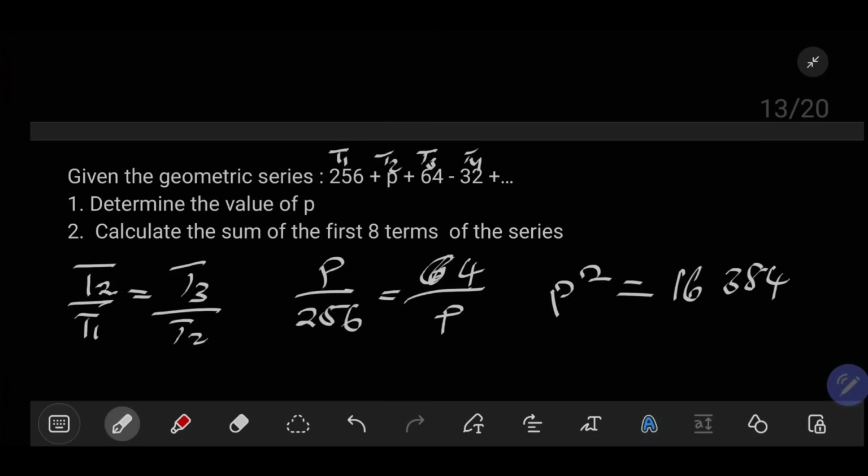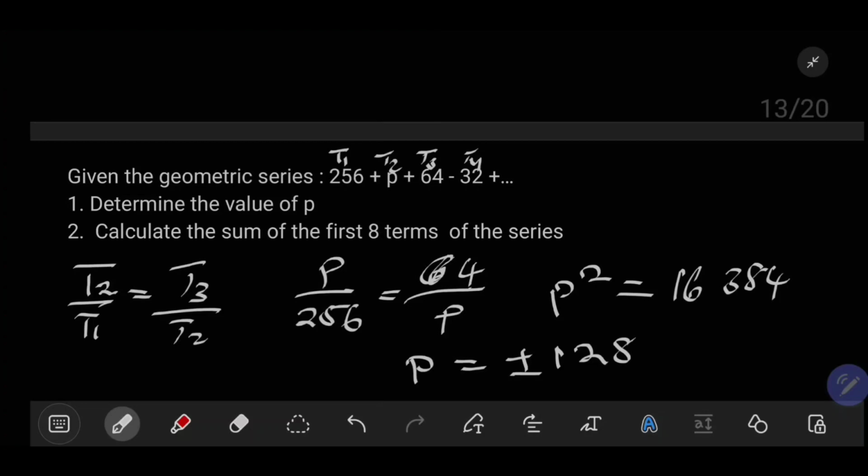We must find the possible values of p, so we take the square root of both sides. So p is equal to plus or minus 128.